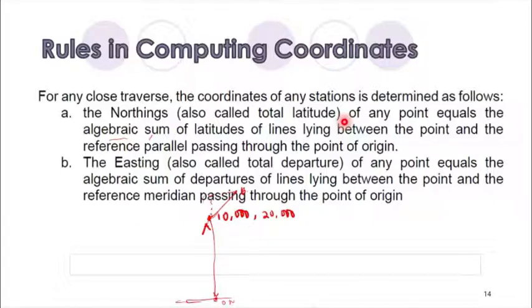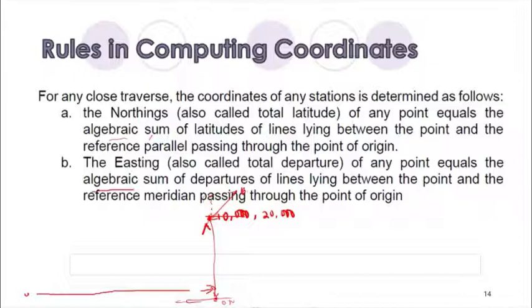For eastings, we have 0, and then plus this amount, wherein this amount is actually the departure of the line from origin to A. So if we are after the eastings of B, we have to add also this amount, which is the departure of AB.